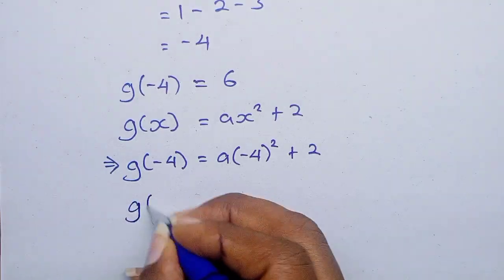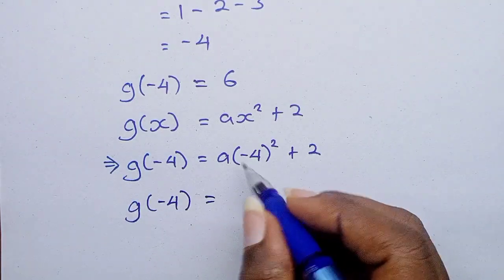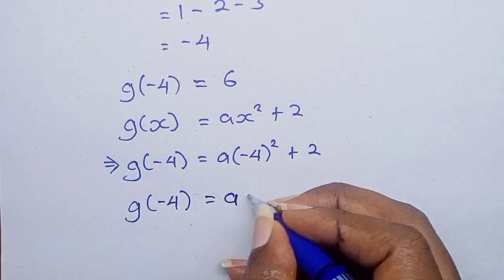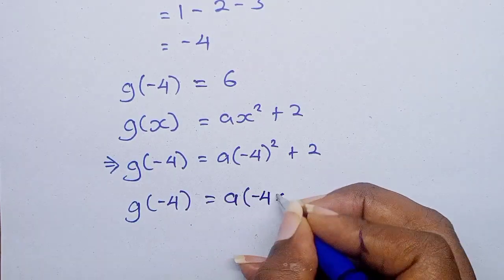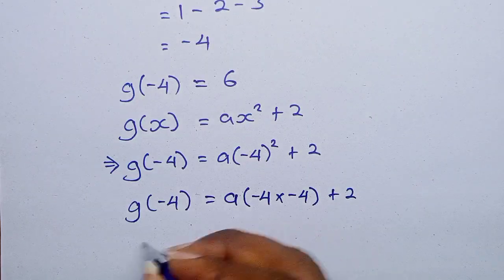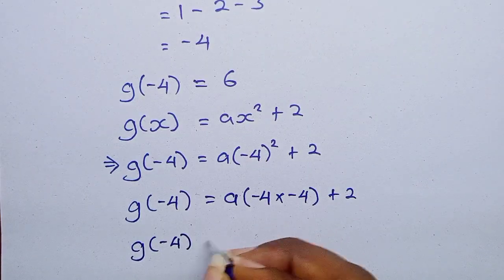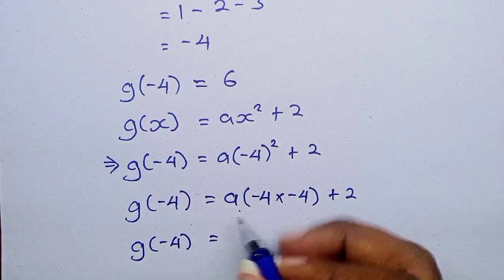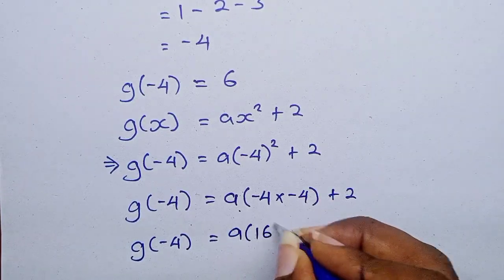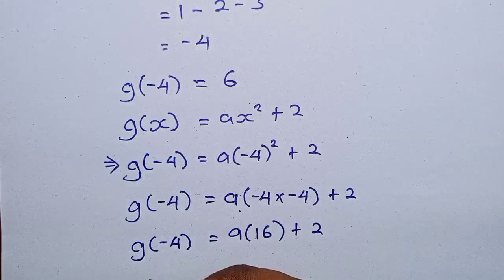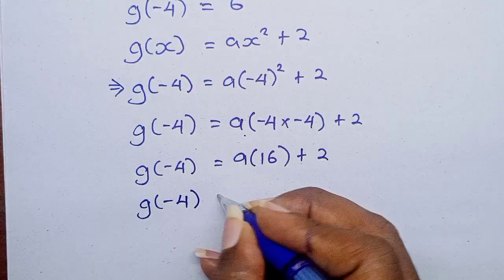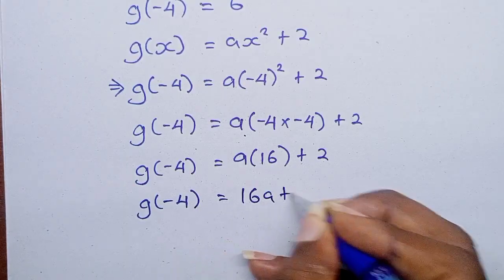So g of negative 4 is equal to a into, this is negative 4 times negative 4, plus 2. Negative 4 times negative 4 is 16. So we have g of negative 4 is equal to 16a plus 2.